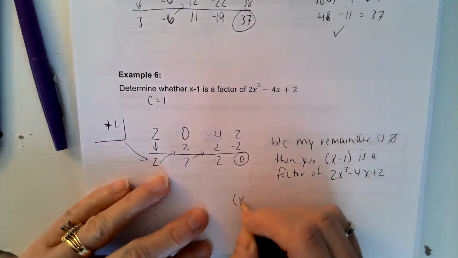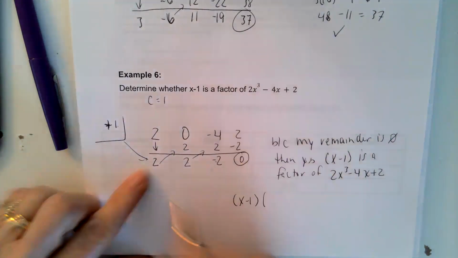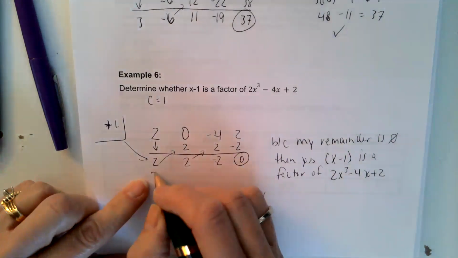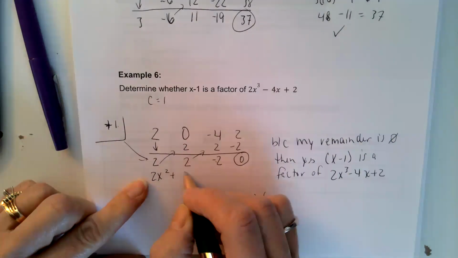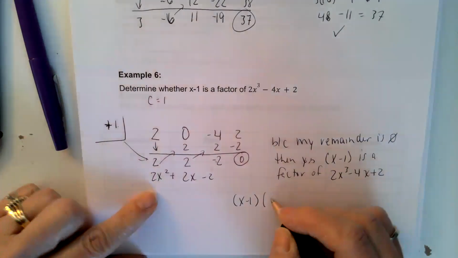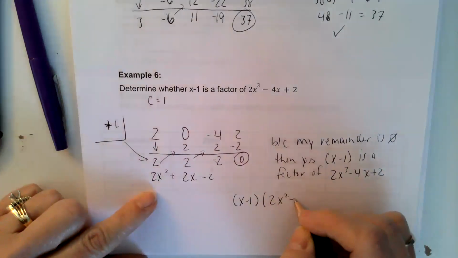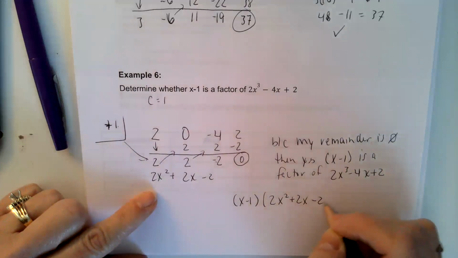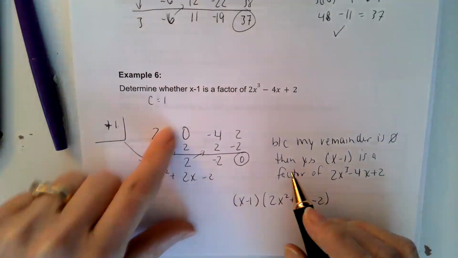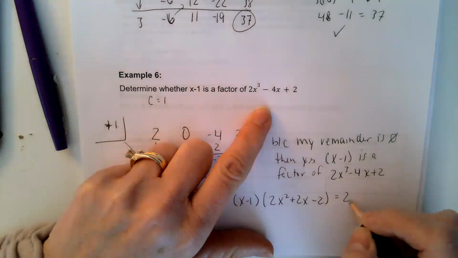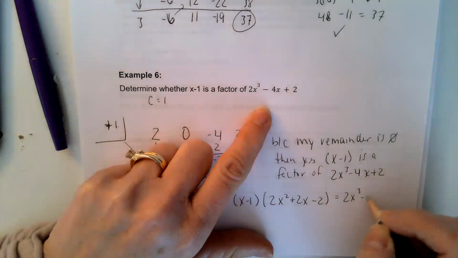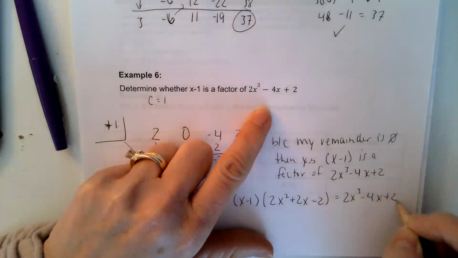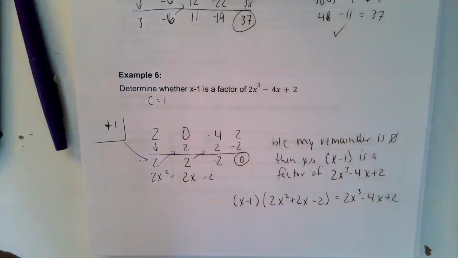And so x minus 1 times this piece right here, which is 2x squared plus 2x minus 2, is the quotient. It's what multiplies to make my original polynomial, 2x cubed minus 4x plus 2. Isn't that so cool?